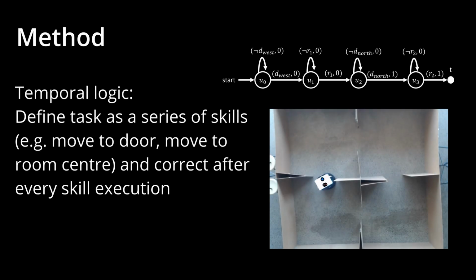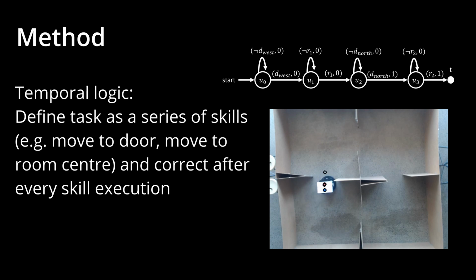To speed up execution on the robot and reduce the number of error-correcting steps while remaining safe and still benefiting from the combinatorial learning power of compositional RL in a low-fidelity simulation, we instead learn complex tasks as a sequence of temporally ordered tasks. In our example, these tasks consist of moving to a doorway or to the center of a room.